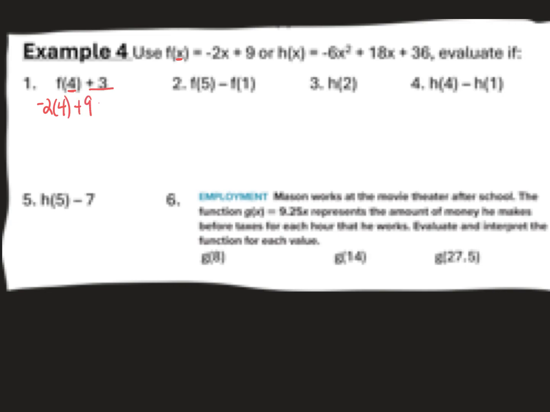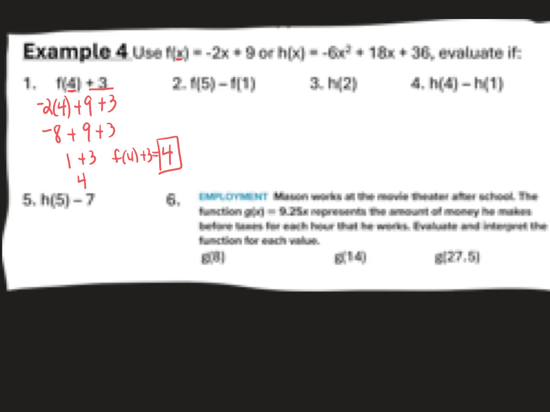And then I'm going to add 3 on the end. I'm going to multiply first. I'm going to add the first two together and get 1. And 1 plus 3 is 4. So f of 4 plus 3, that value is 4. That's the final answer.